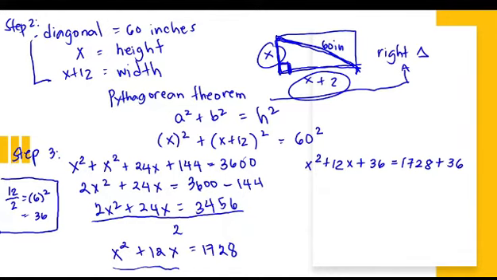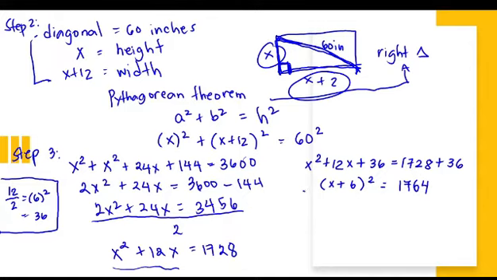Ayan. Kapag okay na, kung matatandaan natin itong x squared plus 12x plus 36 na ito can be now written as a square of binomial as x plus 6 quantity squared equal to 1,764. So that is the sum of 1,728 and 36.